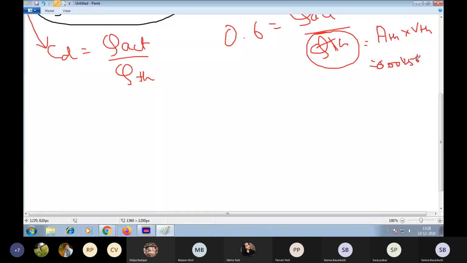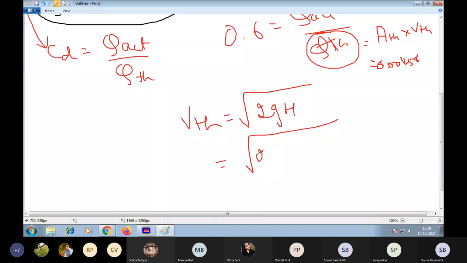And how are we going to calculate the theoretical velocity? It is square root of 2gh. So square root of 2 into 9.81 into what is the head?